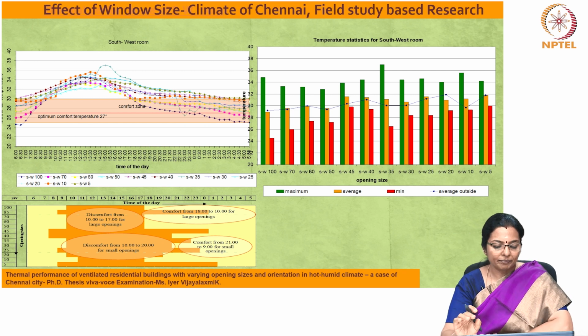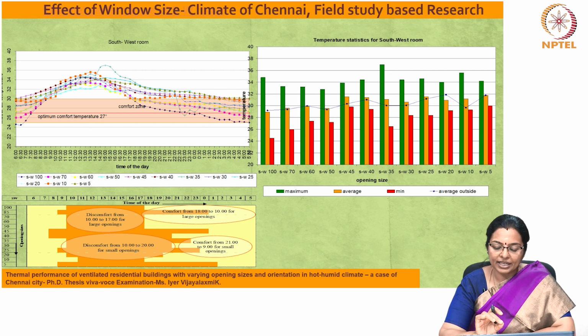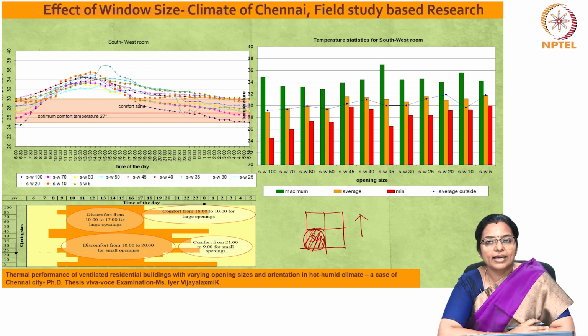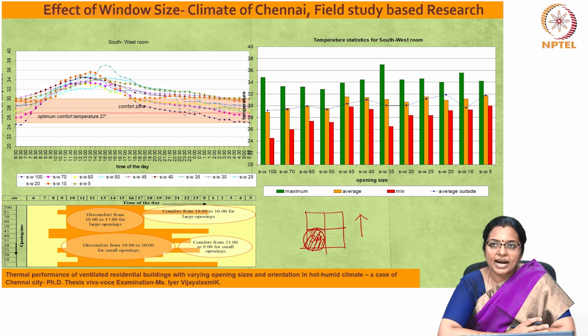We will look at another orientation, which is the southwest room. So, this time we are looking at how the southwest room performs with varying opening sizes. The indoor temperature rises gradually from 6 o'clock and reaches its peak at about 1:30 to 2:30 p.m. in the afternoon, depending upon the window size.